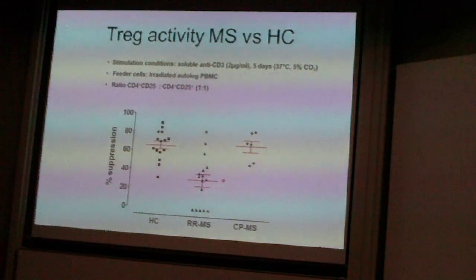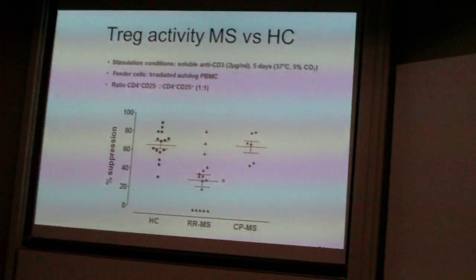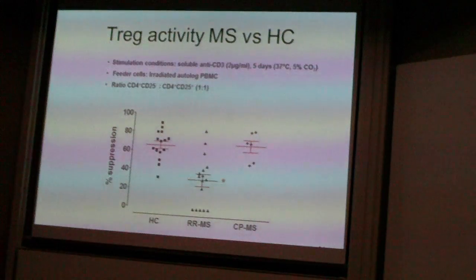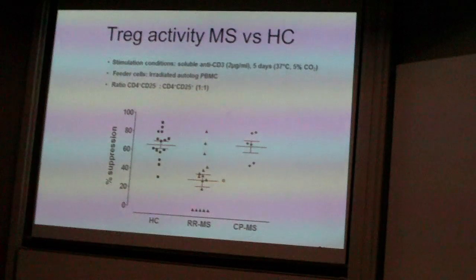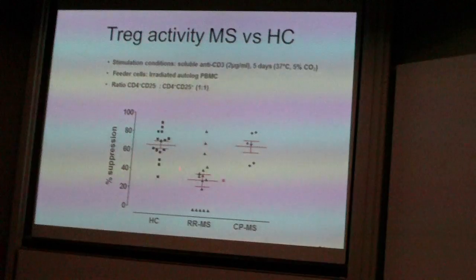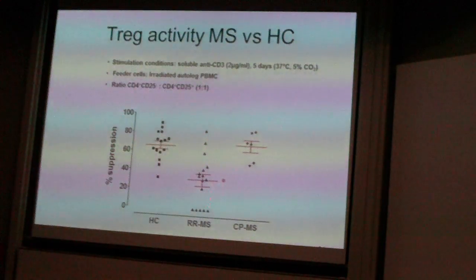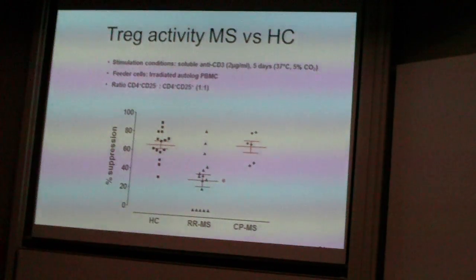We've looked at this molecule also in relation to multiple sclerosis. Our group some years ago already demonstrated, together with others, that there is a problem in T cell regulation in multiple sclerosis. We could demonstrate that the regulatory T cells in MS appear to be dysfunctional in a large group of MS patients. You can see that also from this slide, showing that the suppressive or regulatory activity of T cells is significantly reduced in MS patients as compared to healthy controls.